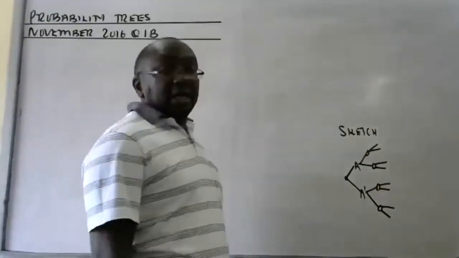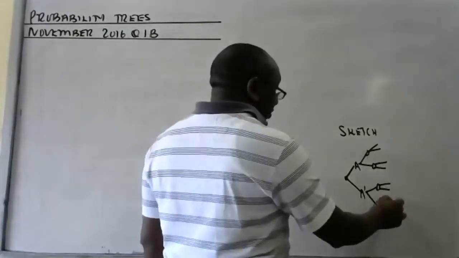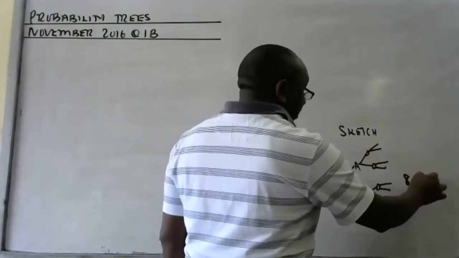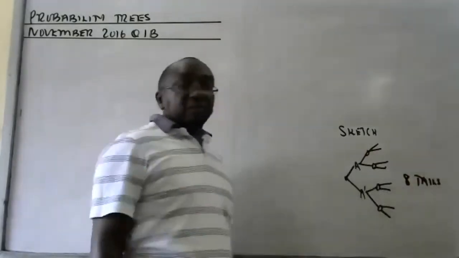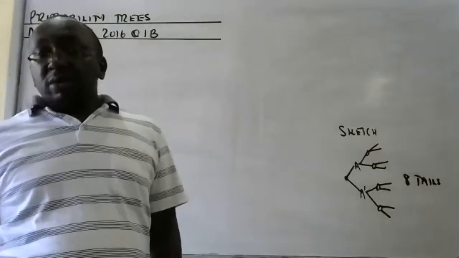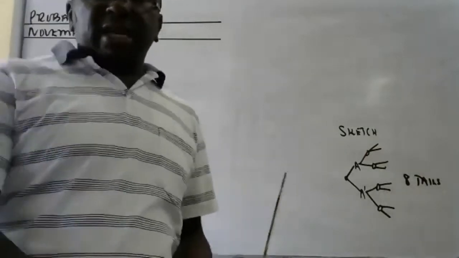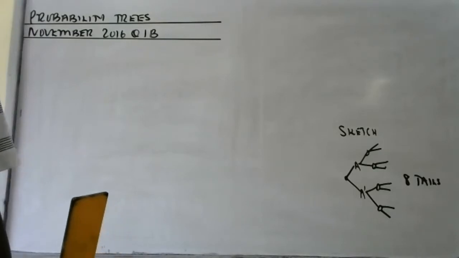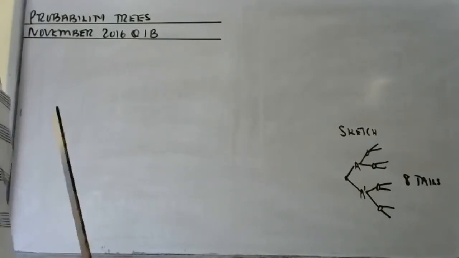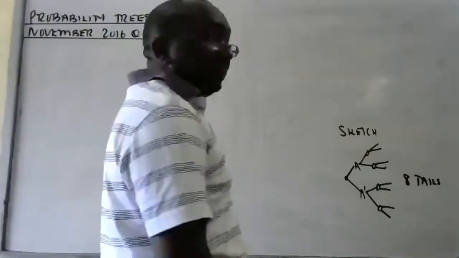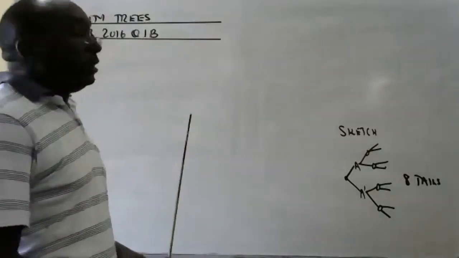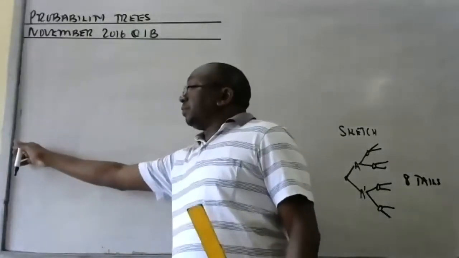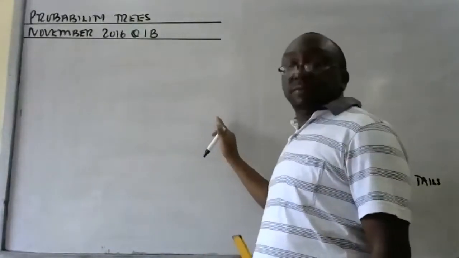So what you can see, we have 1, 2, 3, 4, 5, 6, 7, 8. We have 8 tails. So when you know how many tails you have, you now do a fair copy. And you estimate from your side, your page, where the tree will go up to.